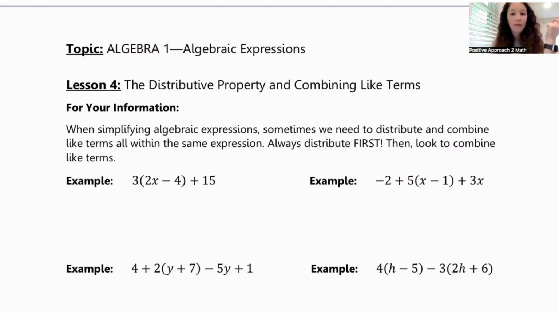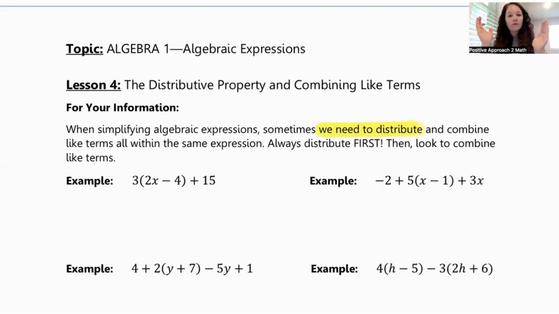Do I spy with my little eye any parentheses with a number directly in front or directly in back? If so, I'm going to distribute first, because I can't move things out of those parentheses until I shatter them. And the way to shatter your parentheses and set them free is to distribute that number in front, right? So we're going to do that first, because then I can move things and combine like terms.